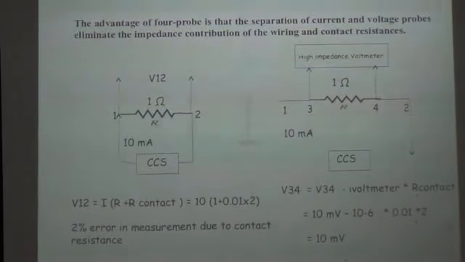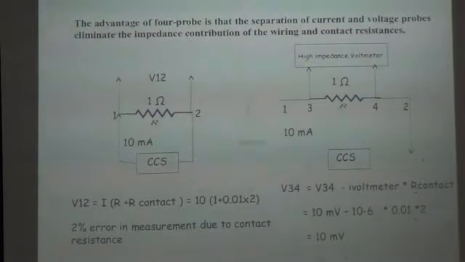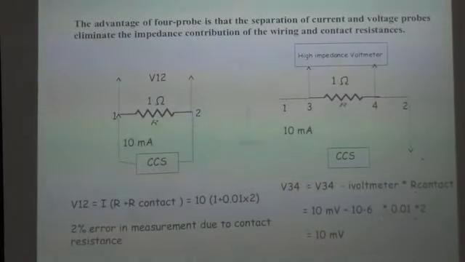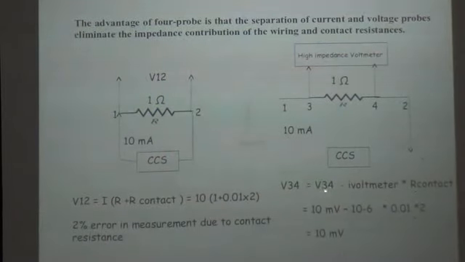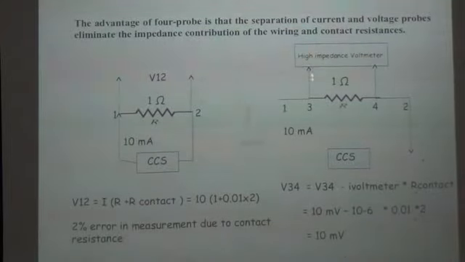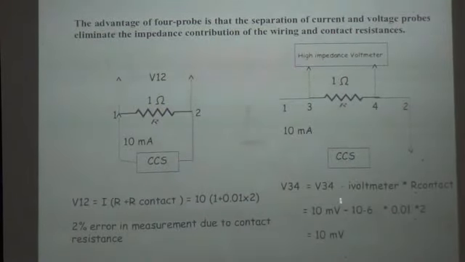The ideal definition of a voltmeter is that its resistance must be infinity. If its resistance is infinity, it hardly draws any current. So if we measure across 3-4, V34 is 10 millivolts. Suppose the current is not diverted, the current goes this way only. So 10 into 1, 10 millivolt will be the reading.